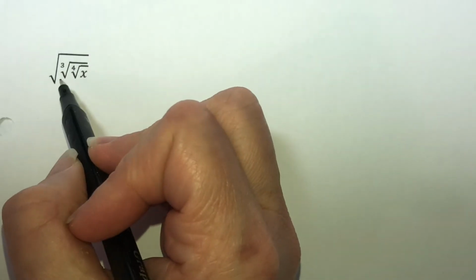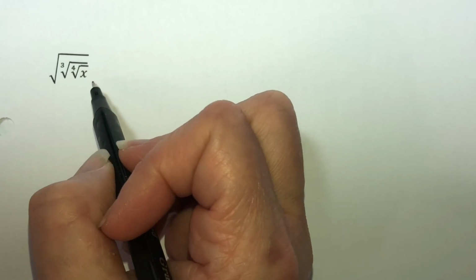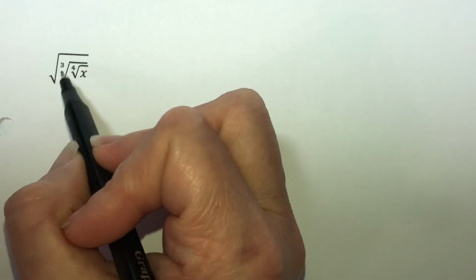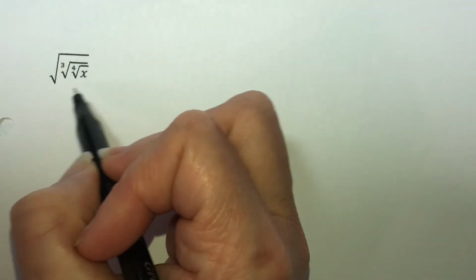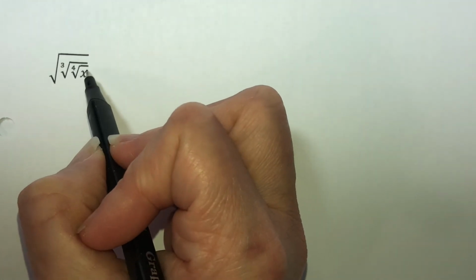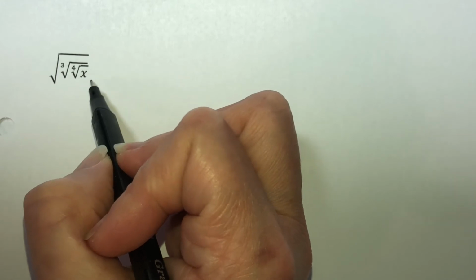Okay. All right, so let's look at this one. This one looks scary. It looks awful, but it's really not as hard as it looks. It's a square root of a cube root of a fourth root of x. What I'm going to do is start on the inside and rewrite each of these with an exponent that is a fraction. Now, this is x to the first, so I'm not going to have to worry about the numerators.